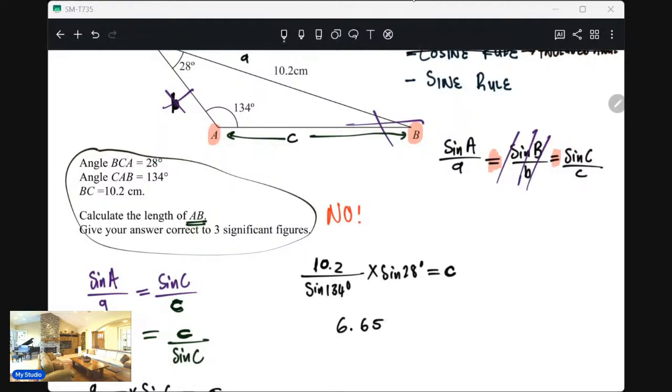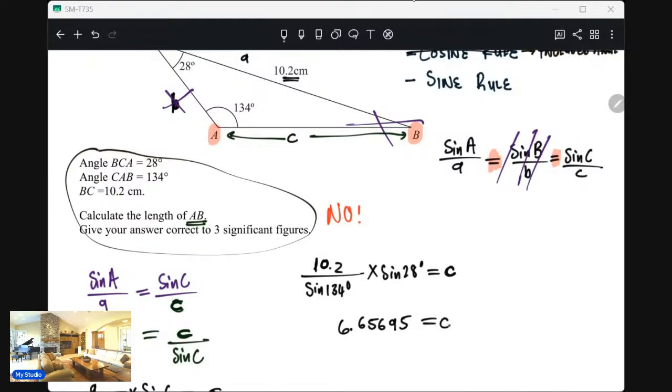6.6569. Is it an angle? No, it's a side. So it's 6.66 centimeters. Here, of course, this was to one decimal place again, so you can just say 6.7 centimeters, because it was 6.6569, and so on.